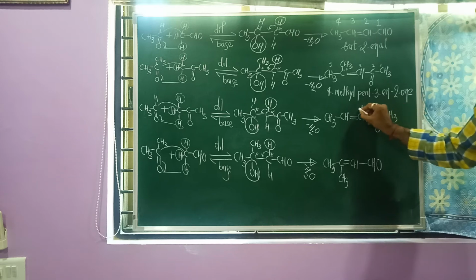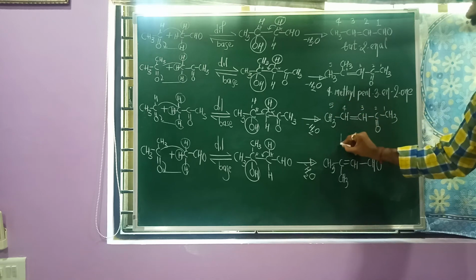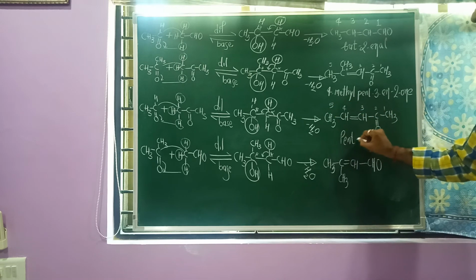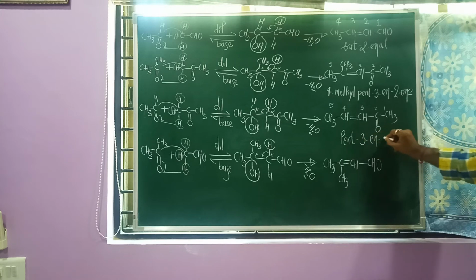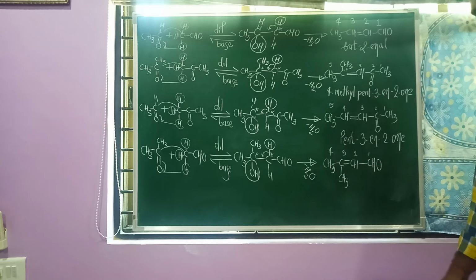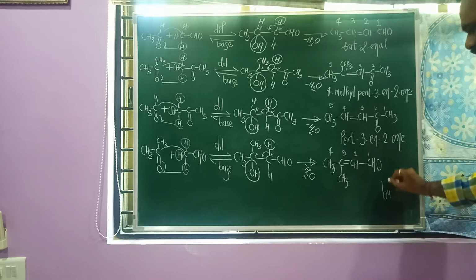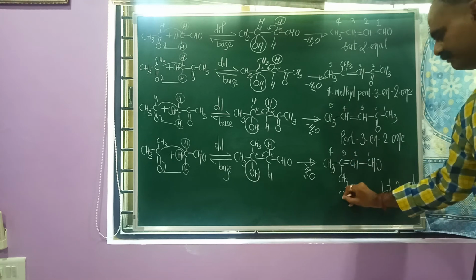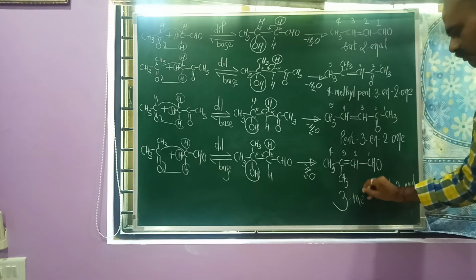One, two, three, 4, 5. This is pent-3-en-2-one. 1, 2, 3, 4. 4 carbons means it is but-2-enal. The 3 number carbon contains a methyl group. So the full name is 3-methylbut-2-enal.